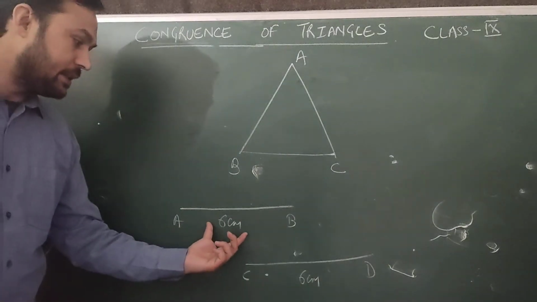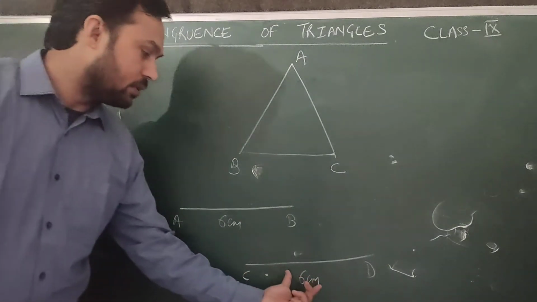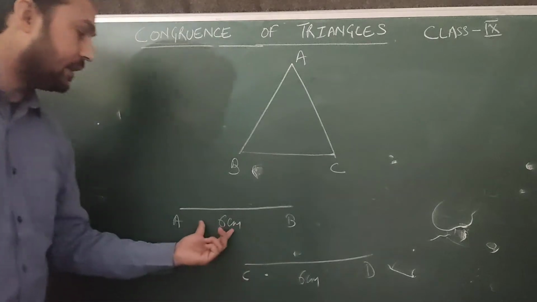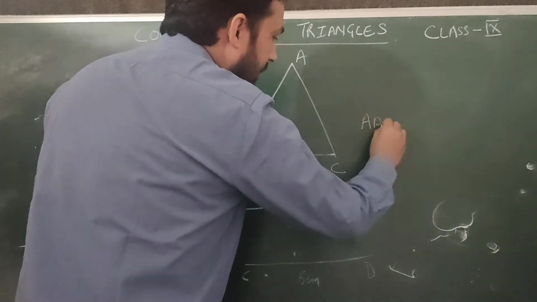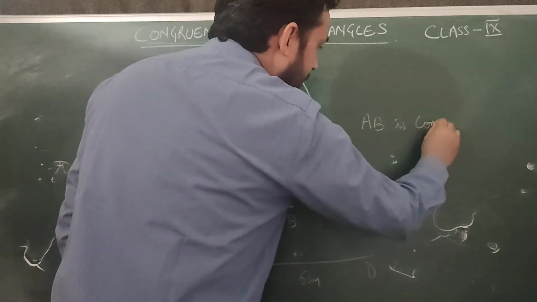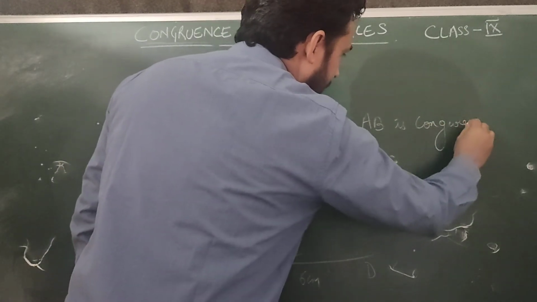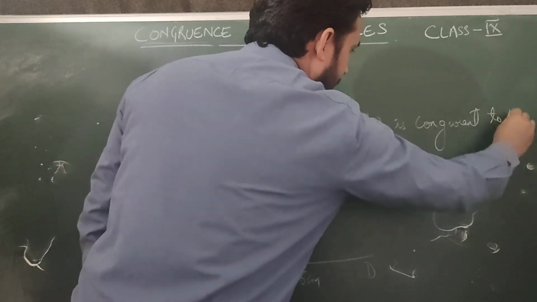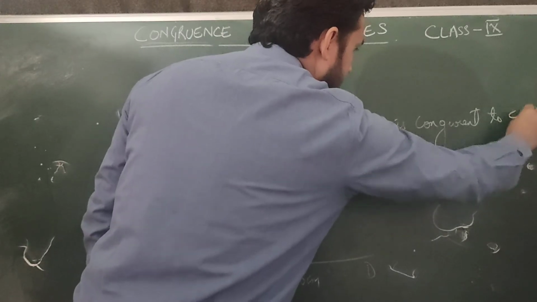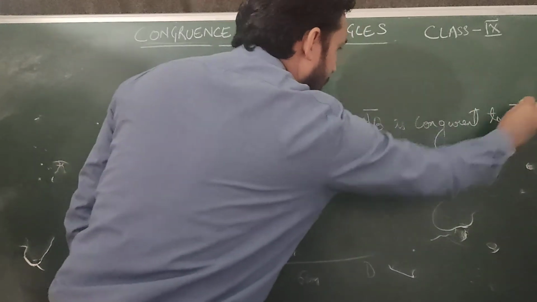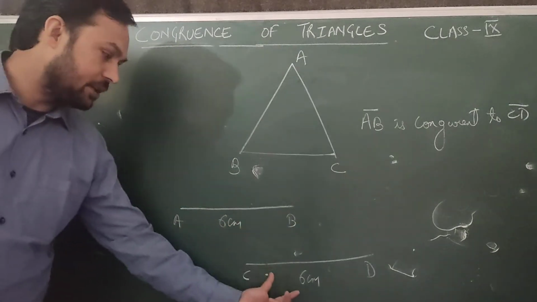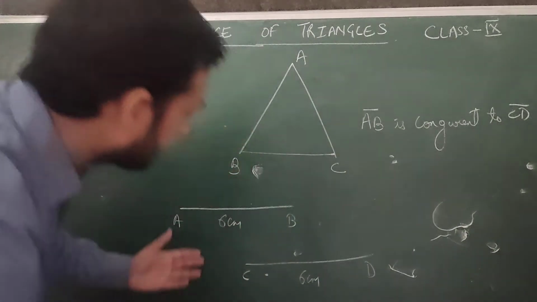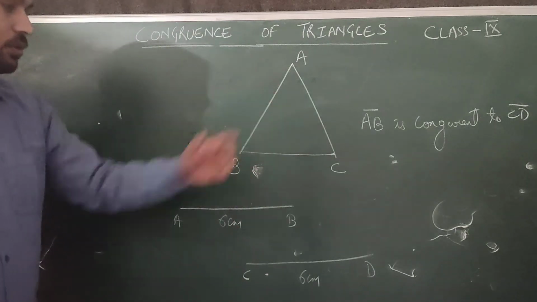So we can say that this line segment is equal to this, or in other words, we can say line segment AB is congruent to CD. There is also another way to say this. The line segments have the same length, same measure. That is the reason we can say they are equal or they are congruent with each other.